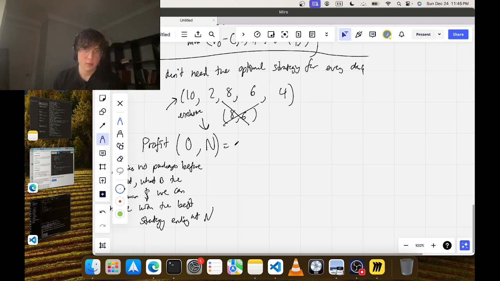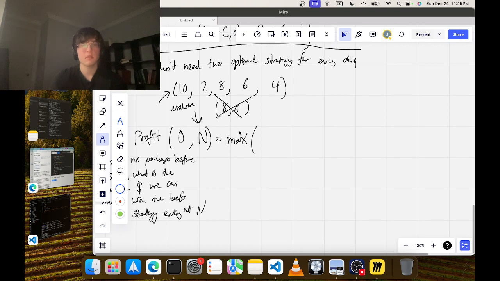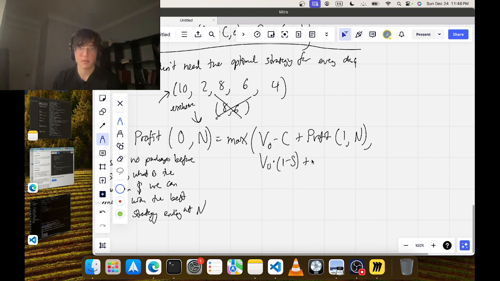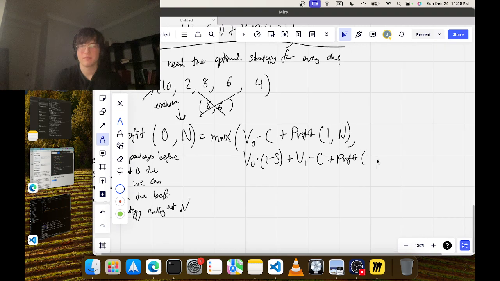Well, there are a lot of possibilities. So when we're trying to break this down into smaller problems, right? Let's say the maximum of, we can either take the first package, so V0 minus C plus profit starting at 1 to n, right? Makes sense? And then the next possibility is we leave the first package in there for a day, and then we pick it up on the second day: V1 minus C plus profit 2 to n, right?